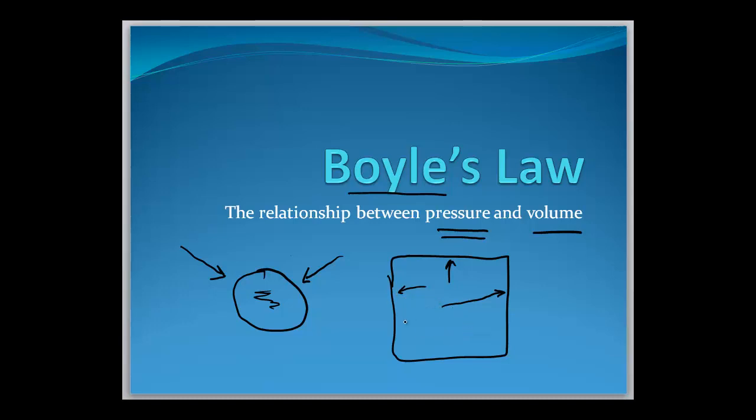If there's fewer collisions with the side of the container, you'll decrease pressure. Now, when we're talking about Boyle's law, looking at the relationship between pressure and volume, what we're speaking about is the outside pressure on the system. And that's important to realize as we're talking about these systems.